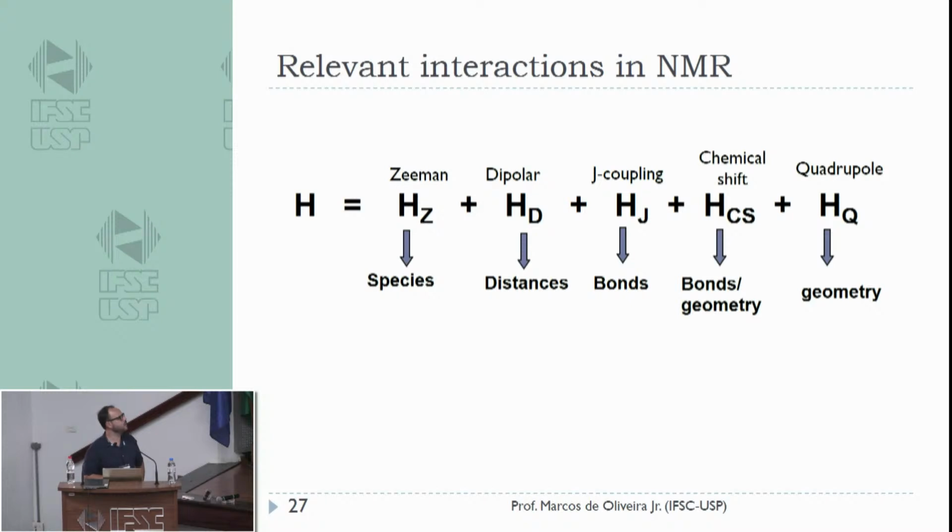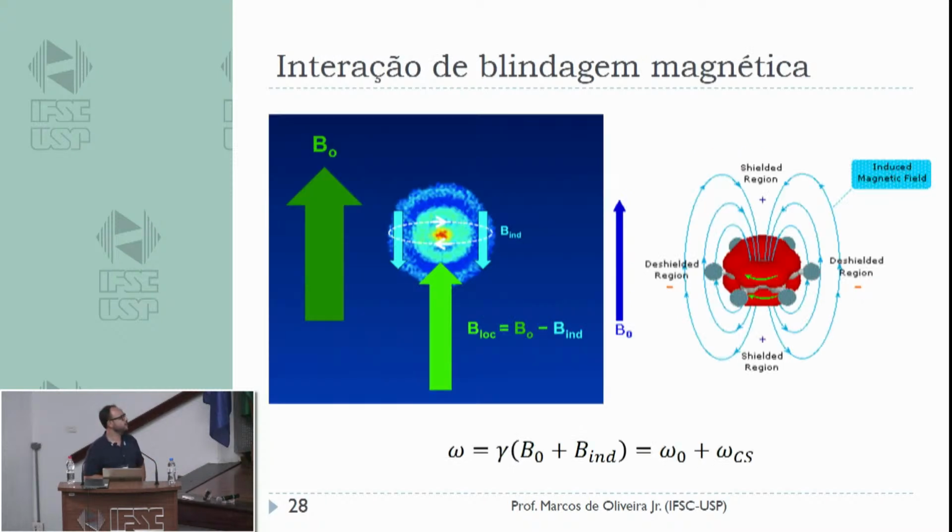The chemical shift gives information also; I will explain it in detail, so I'll not explain it twice. It gives information about bonds and also about the geometry of these bonds, the environment of the observed species. And then the quadrupolar coupling, that's also sensitive to the electric field gradients in the sample, so it's also sensitive to geometry.